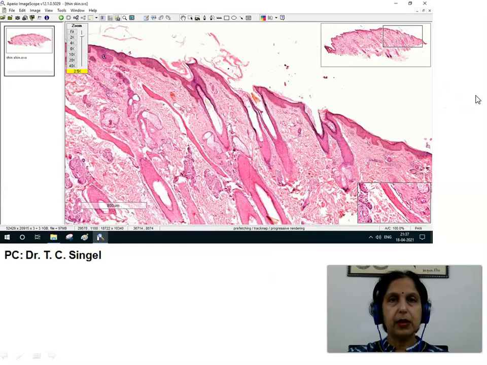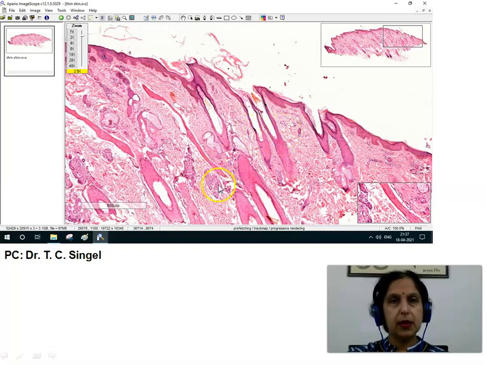Let us see a picture taken with the same software, giving a clear view of the epidermal layers and also presence of the hair follicles.